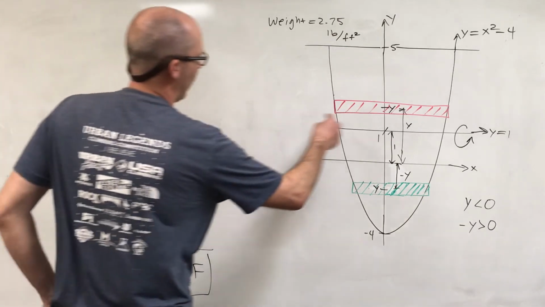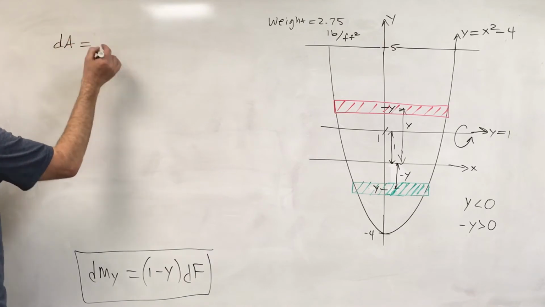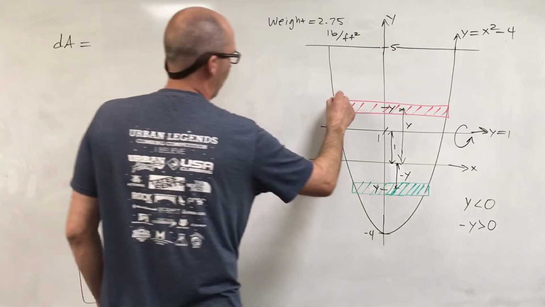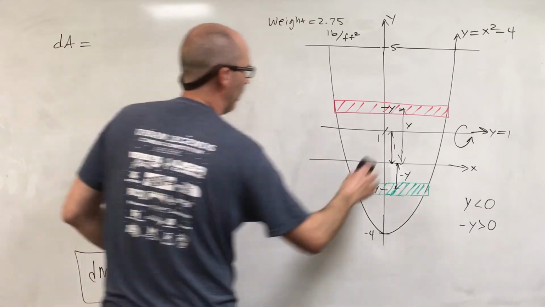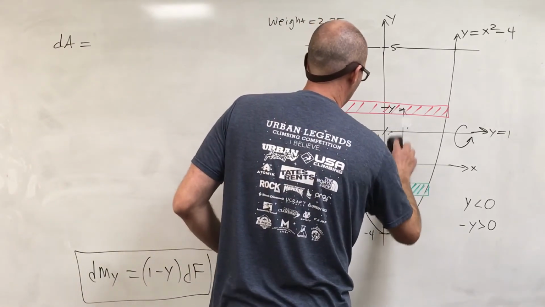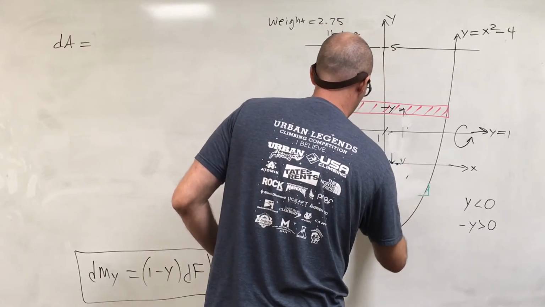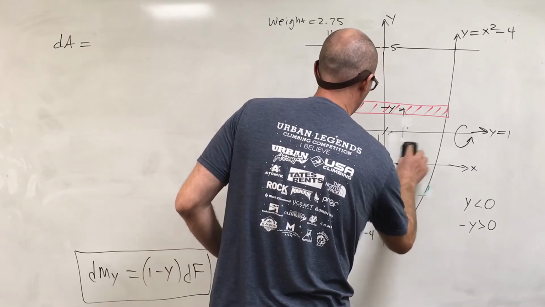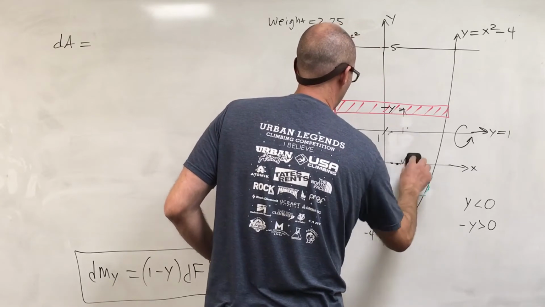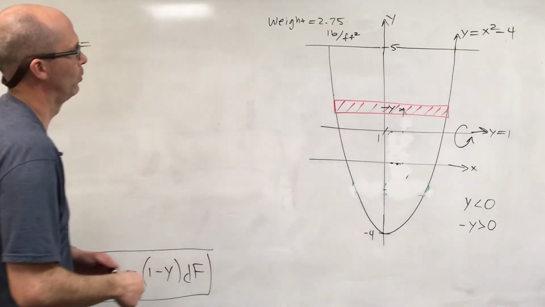All right, so let's get dA. So dA is the area of the slice. I'm just going to go with the red one here. So let me get rid of all this other noise. Okay.